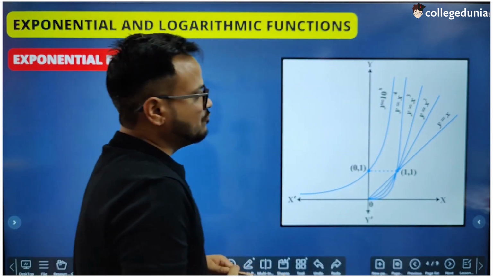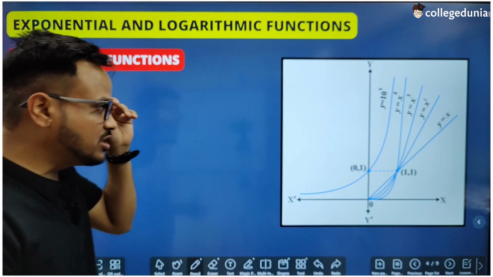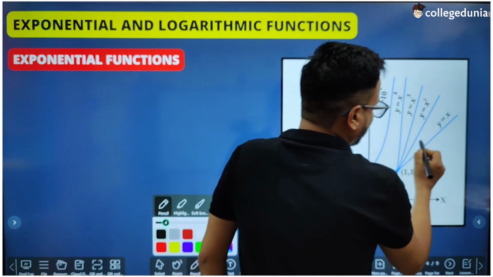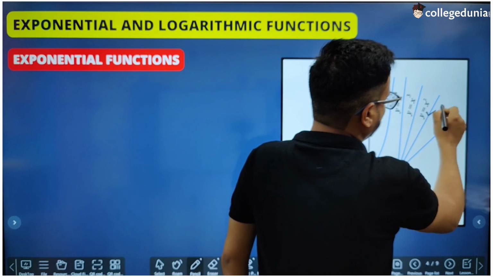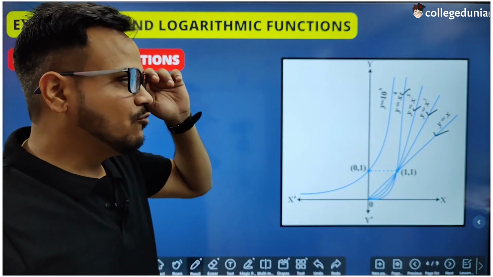On this graph we have drawn five different graphs of five different functions: y equal to x, y equal to x square, y equal to x cube, and y equal to x to the power 4.